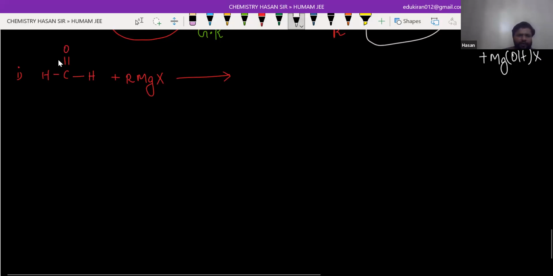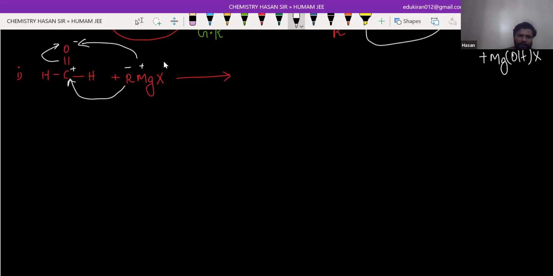You know that this will be going like this: O negative, this is positive, this is negative, this is positive. So this will be attacking here and this will be going here. So can I write this HCH as CH2? CH2, O negative, Mg plus X.